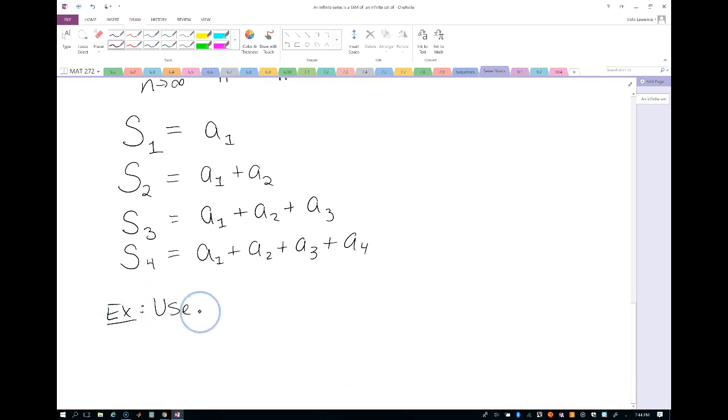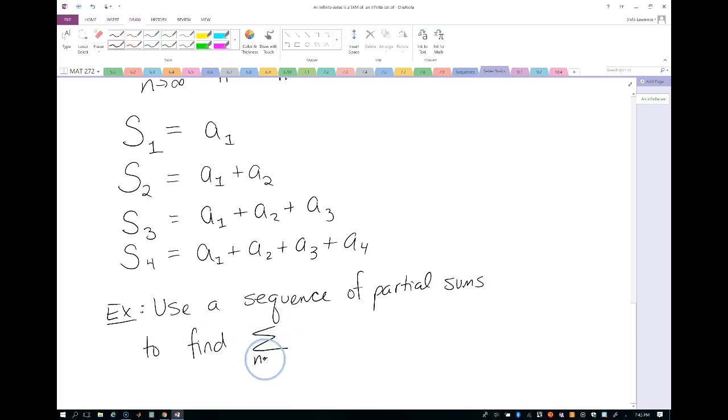So we're going to use a sequence of partial sums to find the sum from n equals 1 to infinity of (1/2) to the n power.